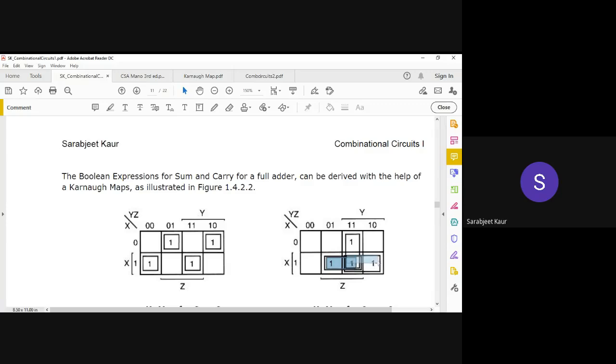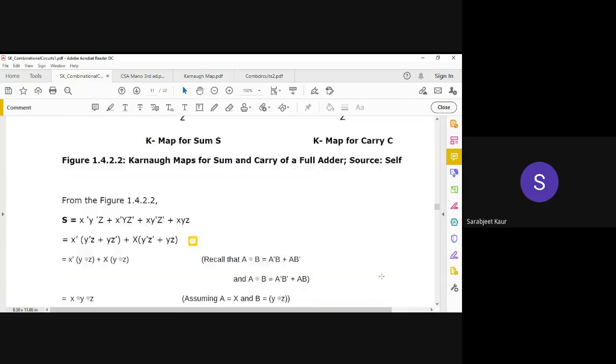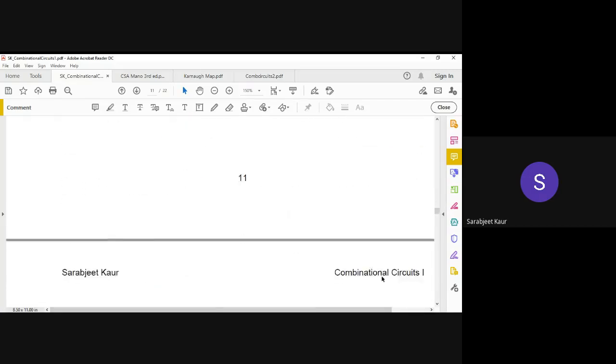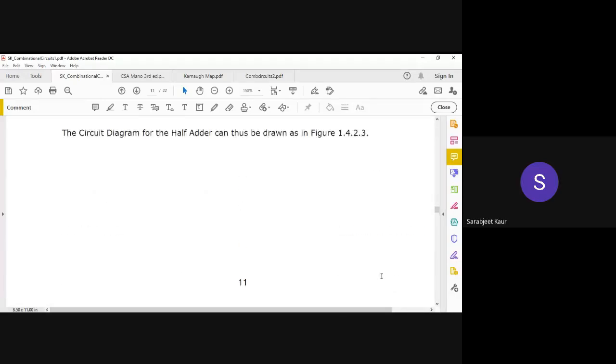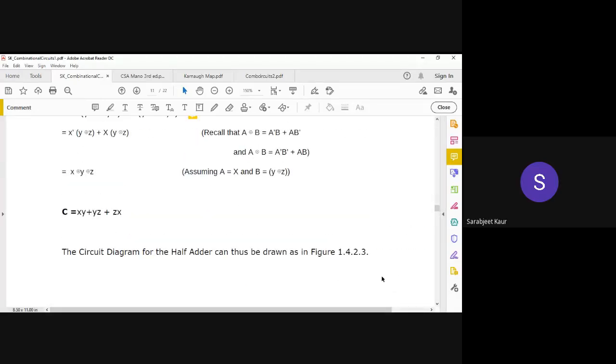And for this doublet, it will be xy. Okay, so what have we got? xy or yz or zx. Zx is the same as xz, right? Because the AND operation is commutative. So is this clear? Yes, ma'am.